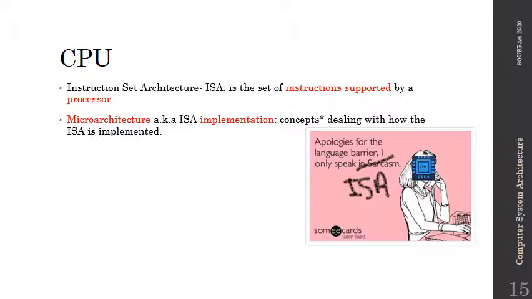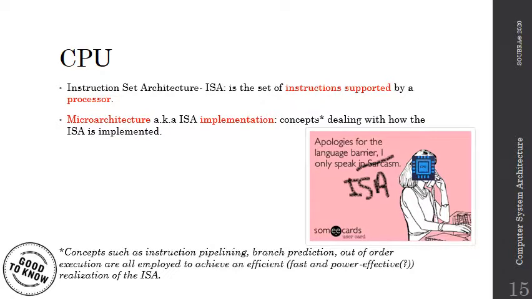For the first part of this course, we're going to tackle the ISA, how the ISA is designed and created, and then we're going to move to the actual implementation of the ISA, and hence to the microarchitecture part, where we can have different implementations of the same thing. The concepts include pipelining, branch prediction, out of order execution, etc.